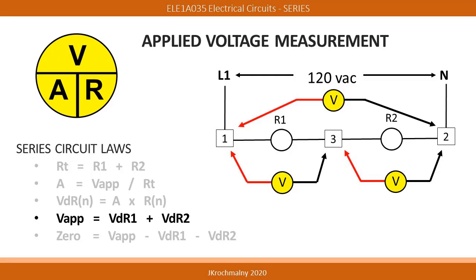The fourth law of series electrical circuits states that the applied voltage of a series circuit is equal to the sum of the individual voltage drops.